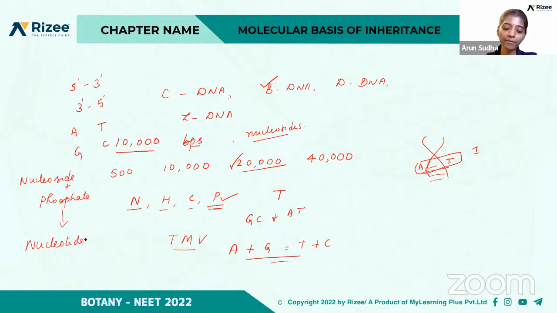Wilkins' X-ray diffraction showed the diameter of the DNA helix is 10 Angstrom, 20 Angstrom, 30 Angstrom, or 40 Angstrom. It is the diameter of the normal B-DNA. So what is the diameter of the normal B-DNA?